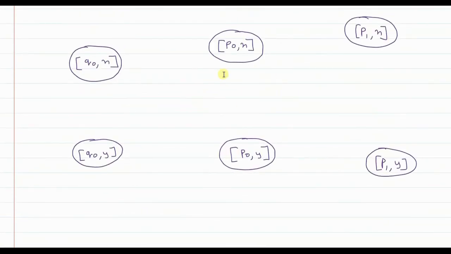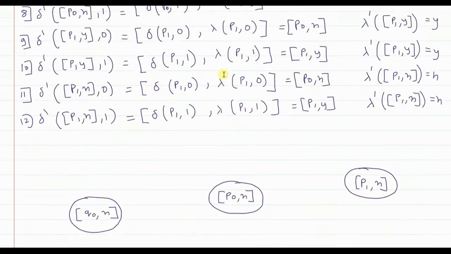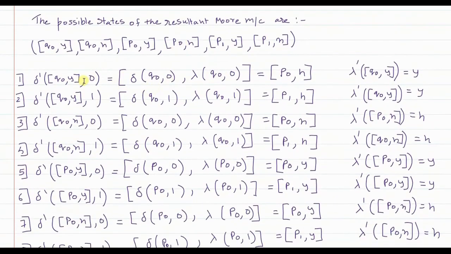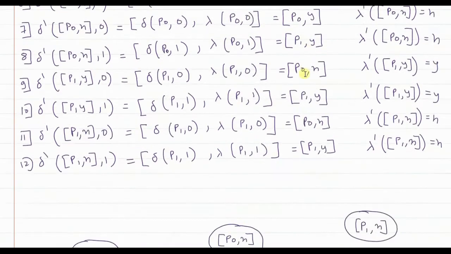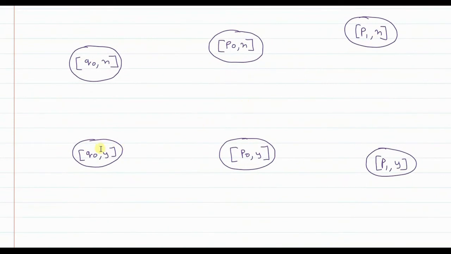So how many states do we have? We have 6 states. We had initially listed 1, 2, 3, 4, 5, 6 states. I have simply drawn the states, and now I only have to connect them. So let's begin with Q naught y. Read like this: transition delta dash is actually delta only.